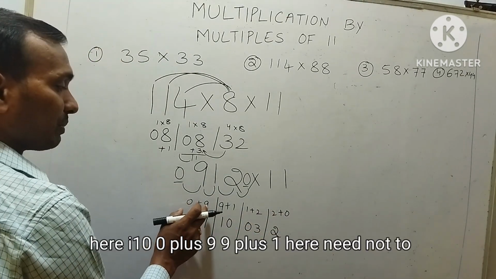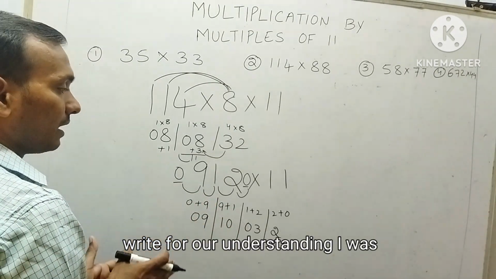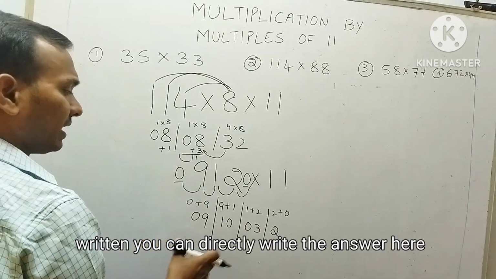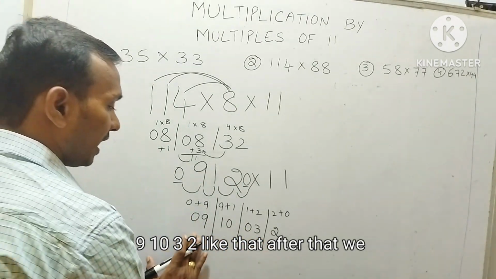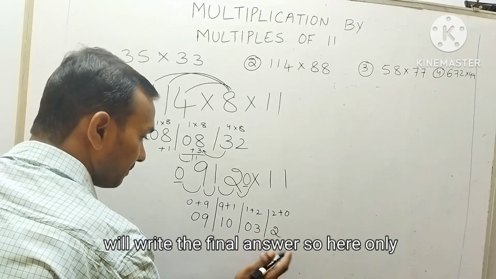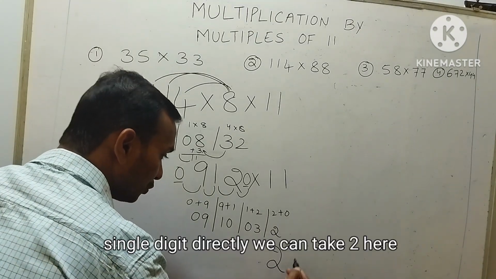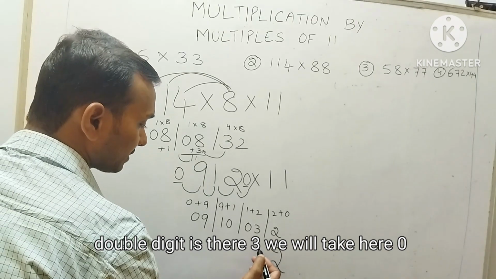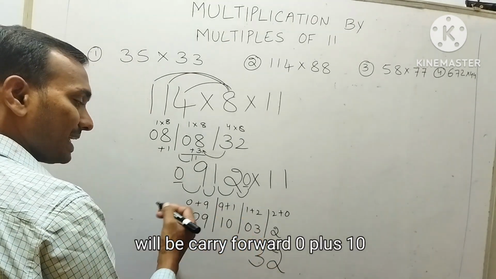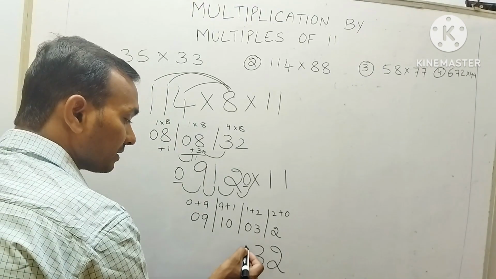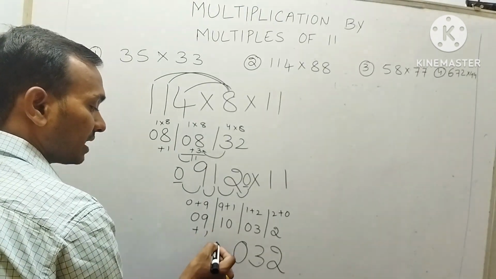Here I wrote 0 plus 9, 9 plus 1. You need not write this. For our understanding, I wrote it. You can directly write the answer here: 9, 10, 3, 2 like that. After that, we will write the final answer. Here only single digit, directly we can take 2. Here double digit is there. 3 will take here. 0 will be carry forward. 0 plus 10, again 10 only. 10 means 0 here. 1 carry forward. 9 plus 1 become 10.